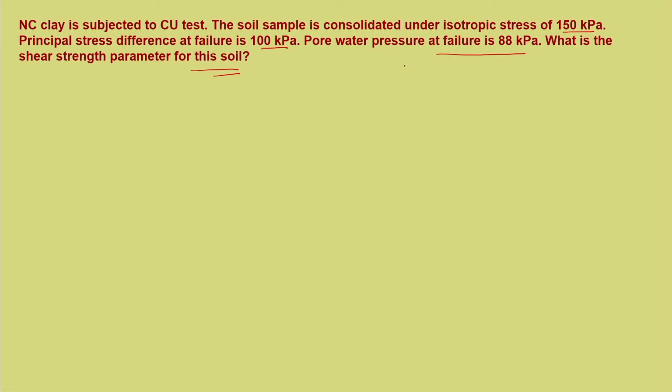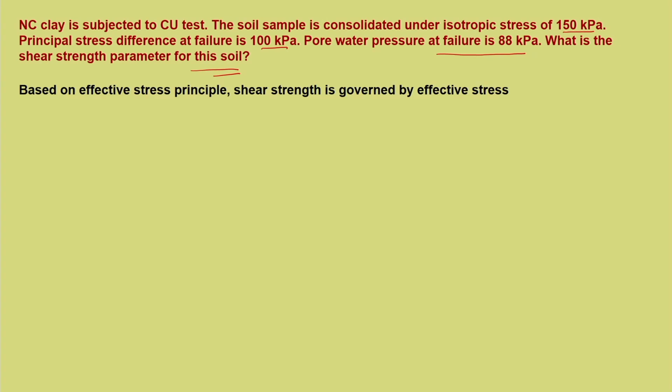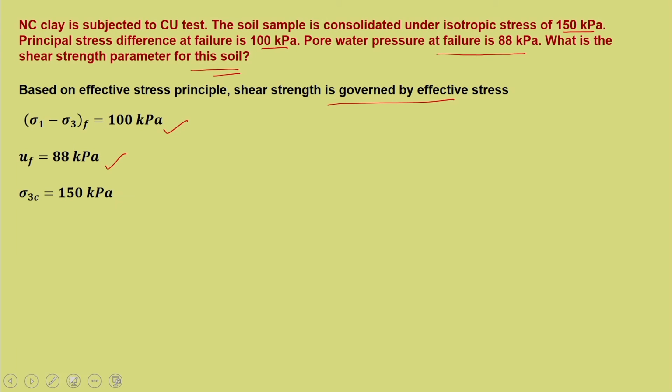We will assume that the pore water pressure is the final pore water pressure at failure, and whatever it is, it is all inclusive. Now, based on the effective stress principle, shear strength is governed by effective stress. What is given? Sigma 1 minus sigma 3 at failure is 100 kilopascal, u_f is 88 kilopascal, sigma 3 c is 150 kilopascal.